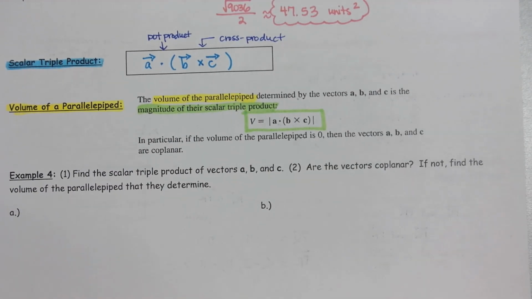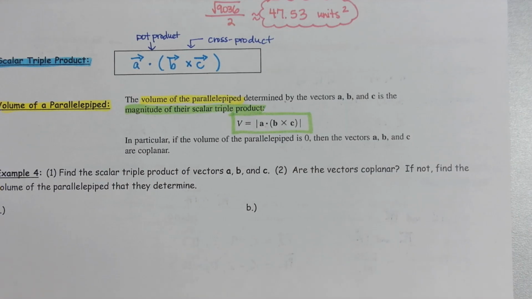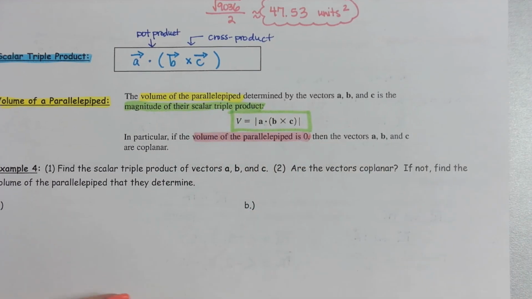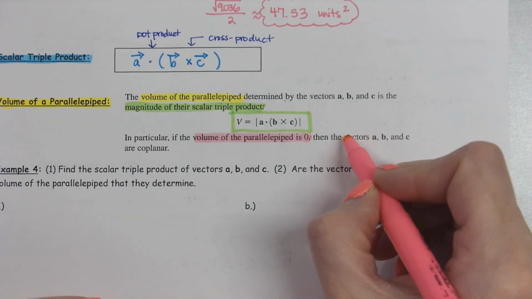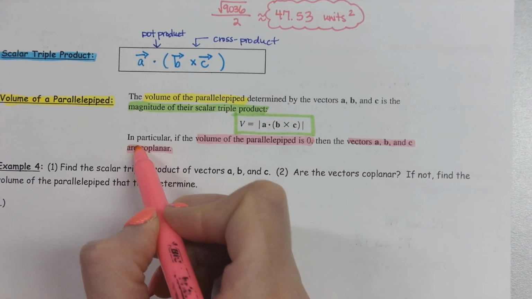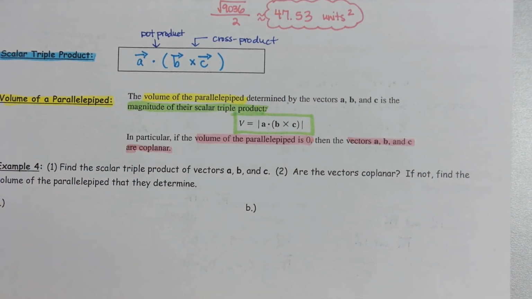Now, if the volume is 0, then it is not a 3D shape anymore. It's 2-dimensional, and what that means is the vectors are coplanar. They don't have that 3rd dimension.